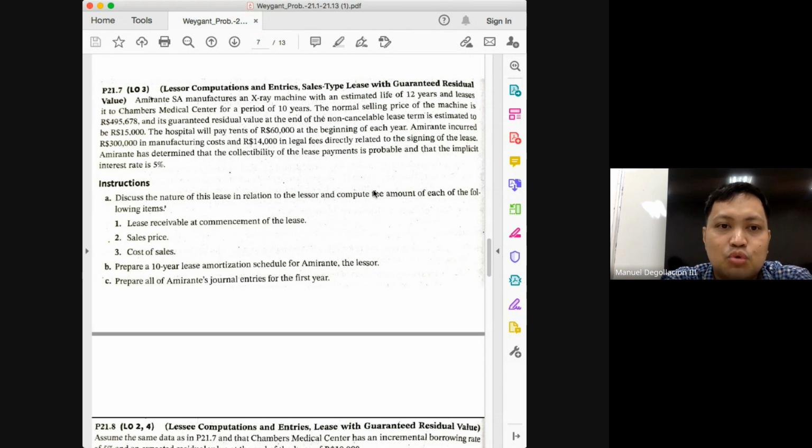Percentage-wise, the lease term is what in relation to the remaining life of the asset? 10 divided by 12, how much is that? 83.33%. So, with that information, can we consider this as a finance lease?